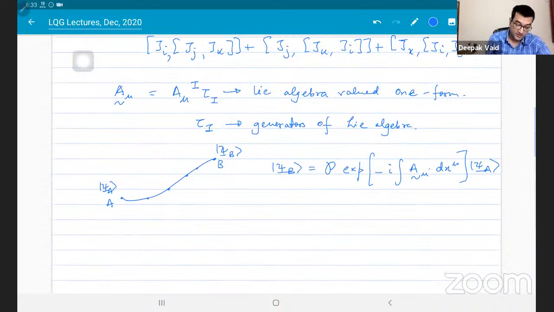And then you're taking this integral from A to B. And this integral has to be something which is known as a path ordered integral. I'll talk about what this path ordering means in a little bit. Okay.